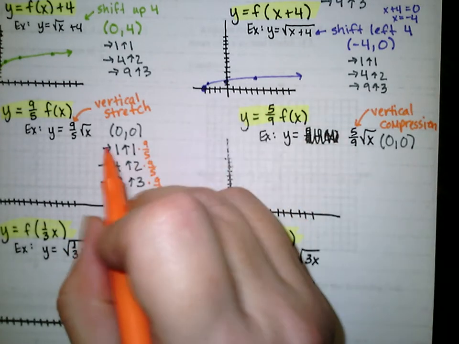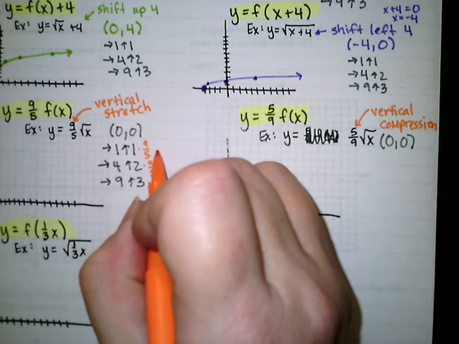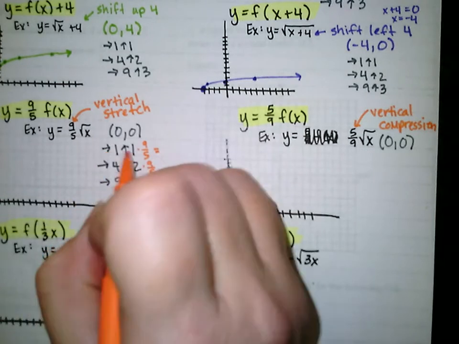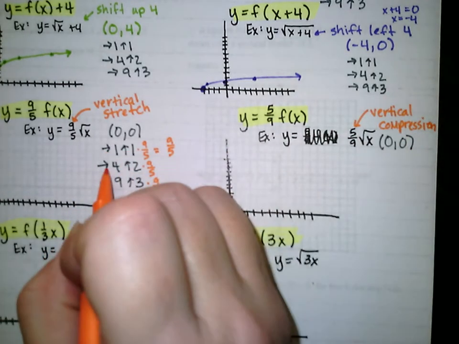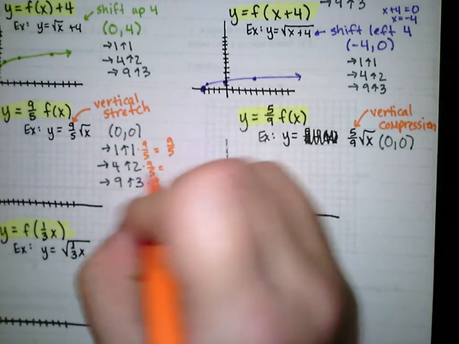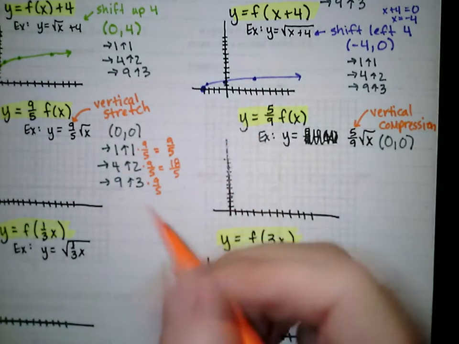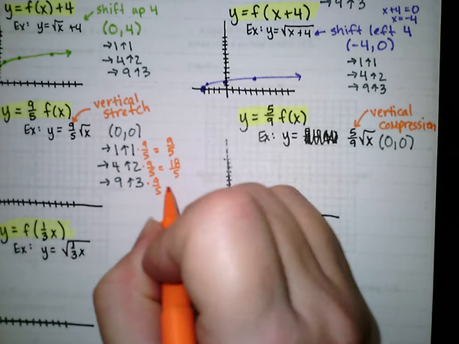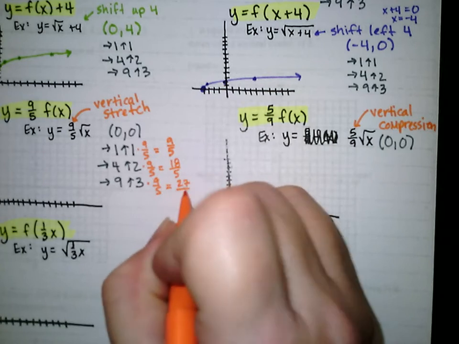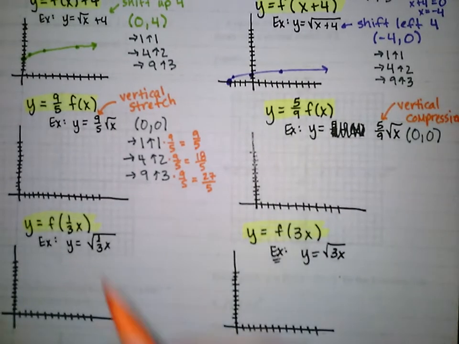So instead of going over 1 up 1, I'm going over 1 up 9/5, which is close to 2. Instead of going over 4 up 2, I'm going to go over 4 up 18/5, which is getting close to 4. And then over 9 up 27/5, which is bigger than 5.